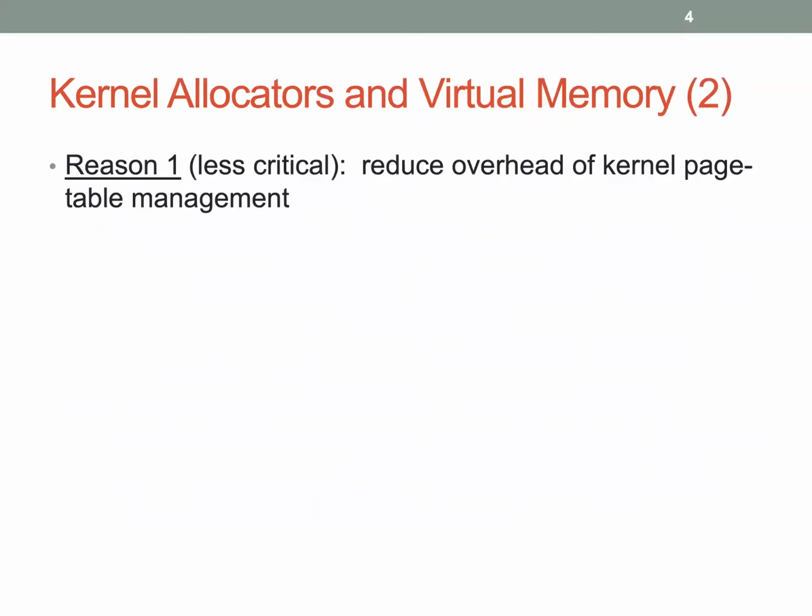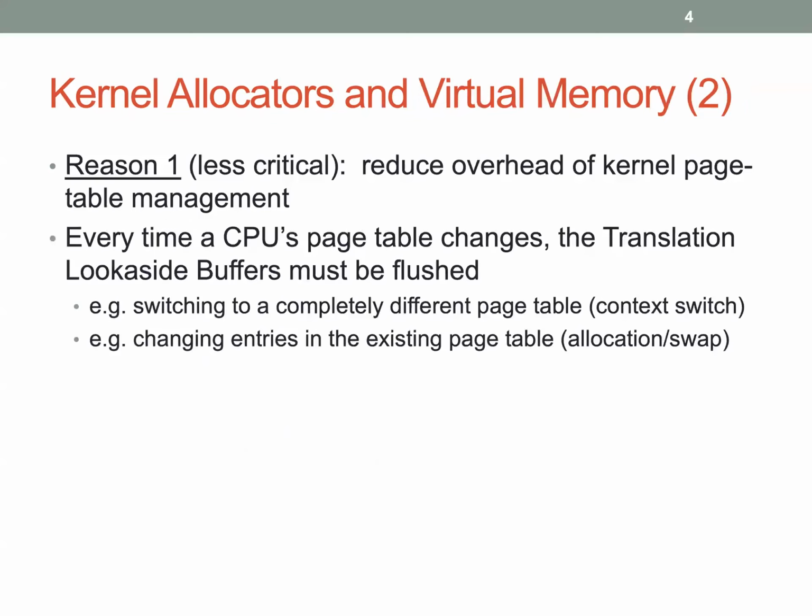Now, there are two reasons why the kernel itself does care. One of them is that managing and changing the virtual to physical address mapping does incur costs. I mentioned before the translation look-aside buffers.